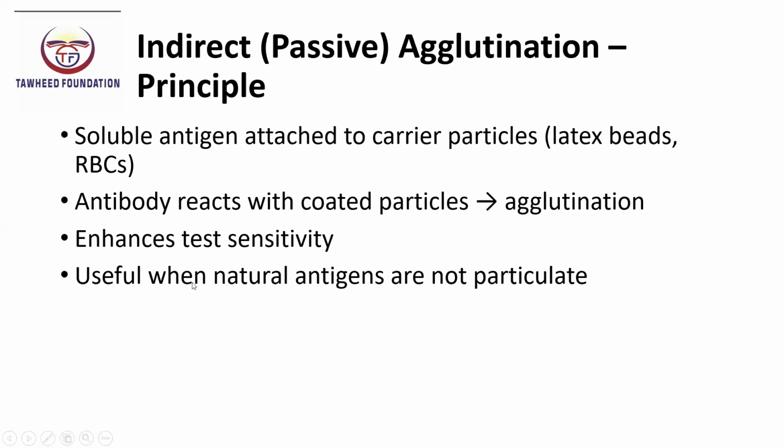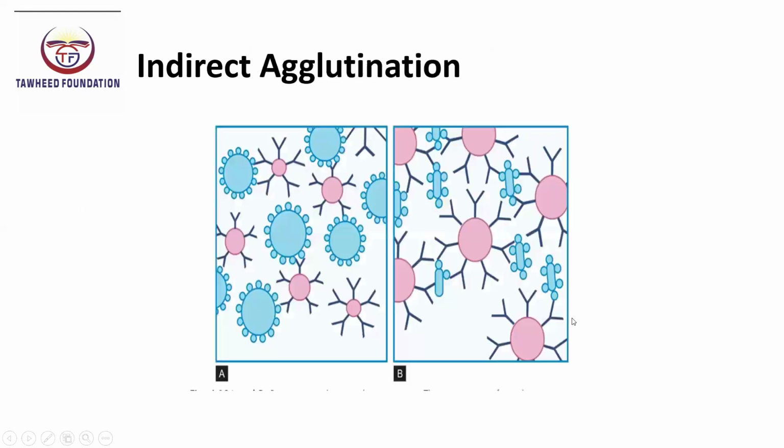Passive agglutination is especially useful when the natural antigen is not particulate or poorly reactive, extending the range of agglutination-based diagnostics. So in this indirect agglutination test, these two diagrams show how the test works in two different setups.